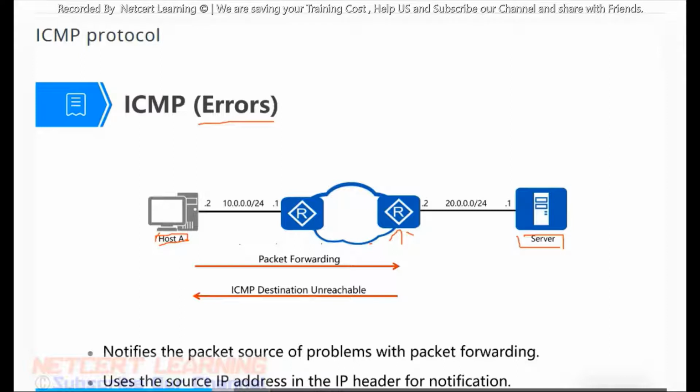Maybe some error happened and the packet is destroyed, or the link's bandwidth is used up, the link is congested, and then this packet cannot be forwarded again, so this packet is dropped.